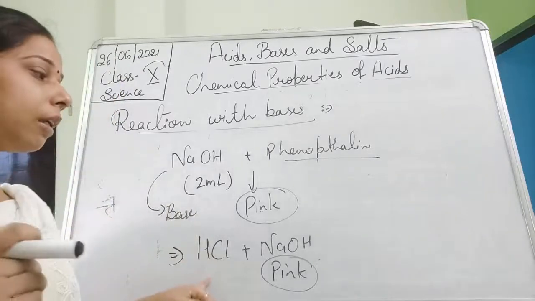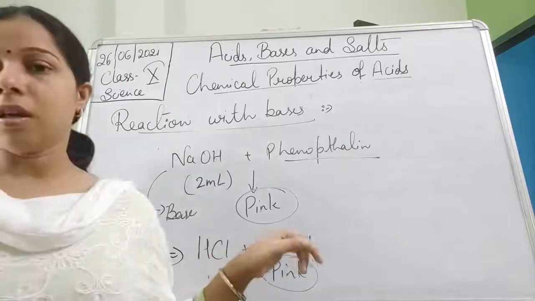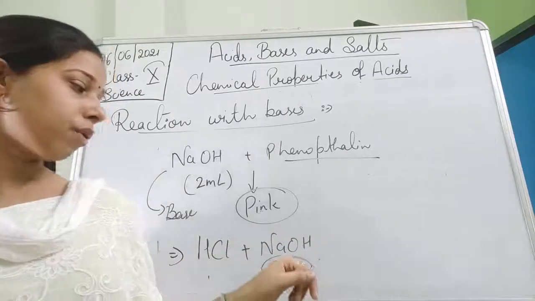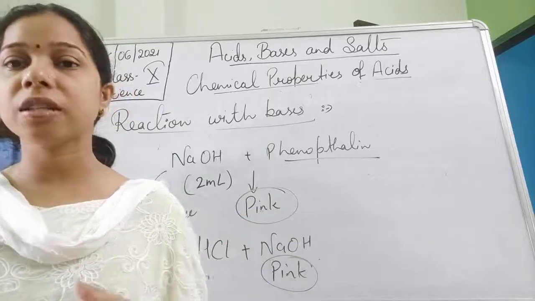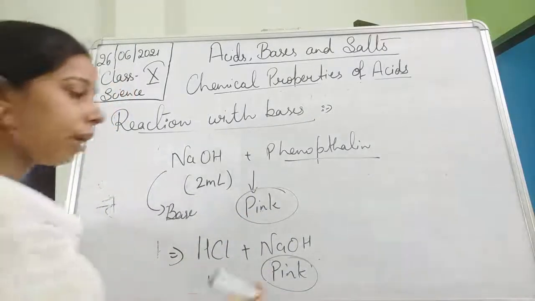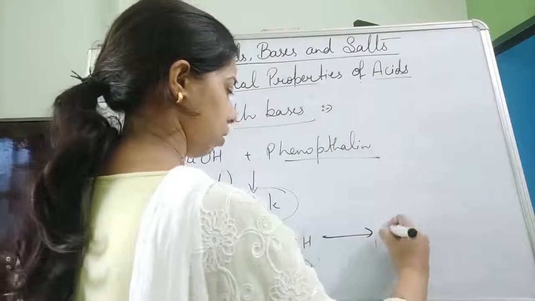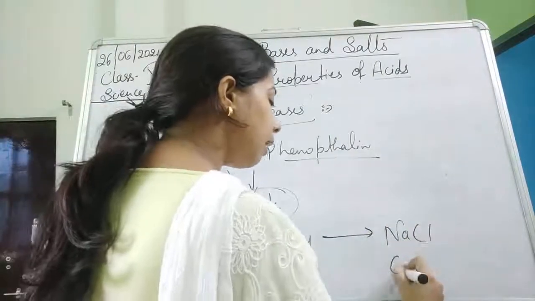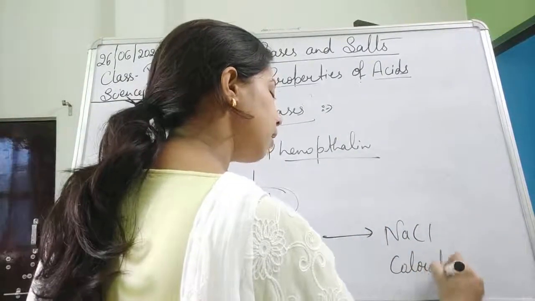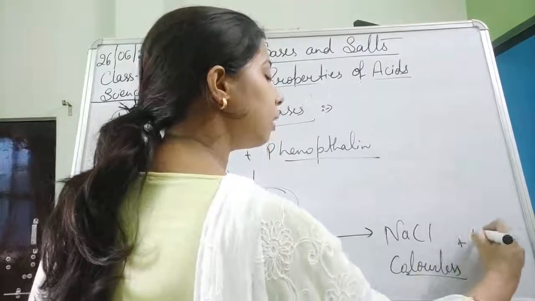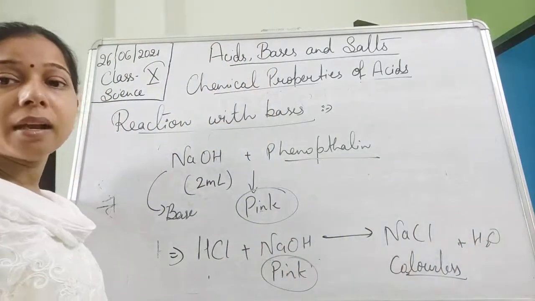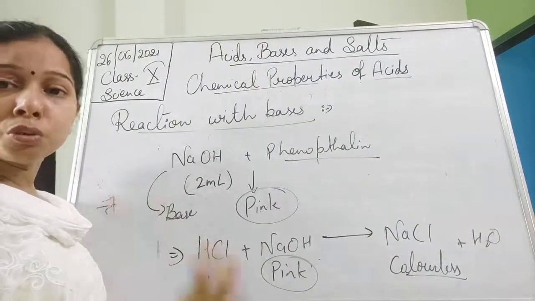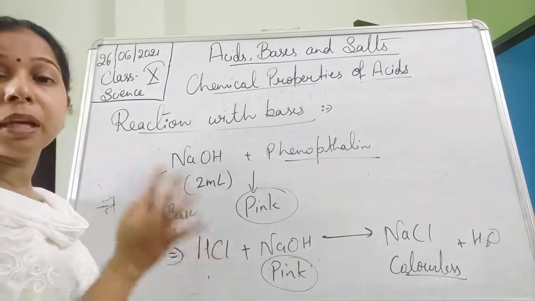So we will continue to add this hydrochloric acid to the sodium hydroxide until it changes its color from pink to colorless. When it changes from pink to colorless, this proves that it has now been completely neutralized and become neutral.